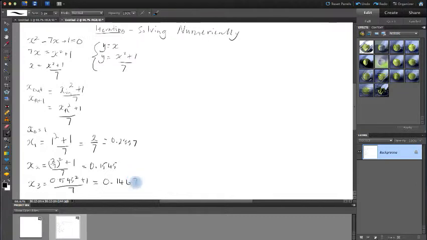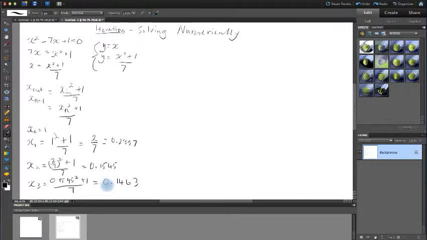You can keep doing that and doing that until, remember, this is what we're trying to find: when our input of x is equal to the output. As you keep going, you'll discover that the input is becoming closer to the output.